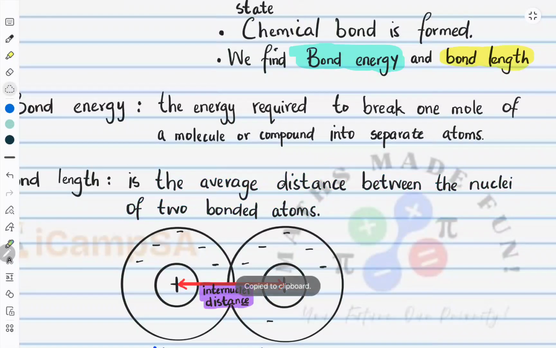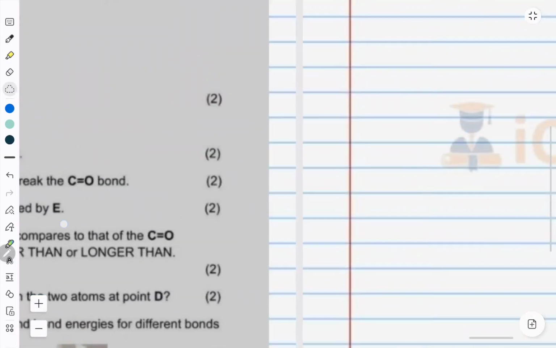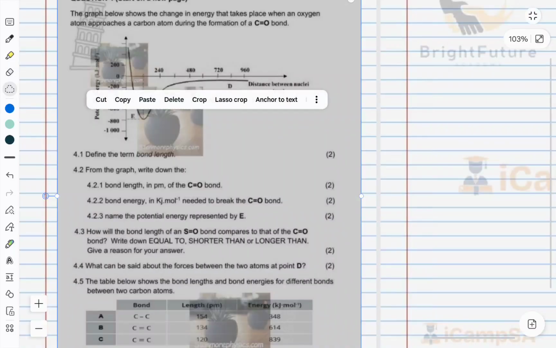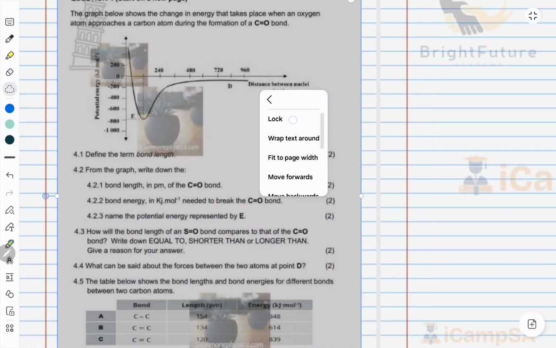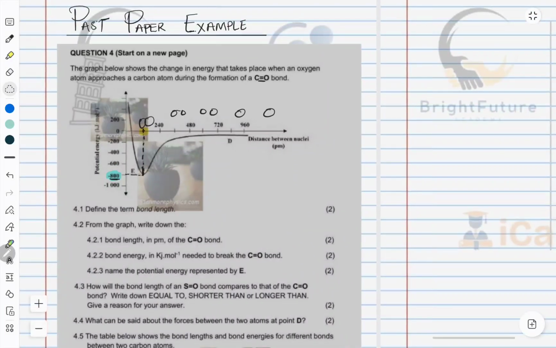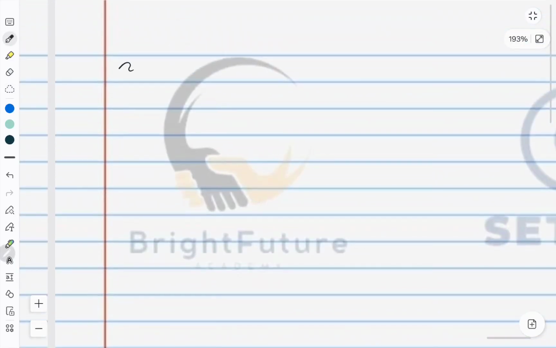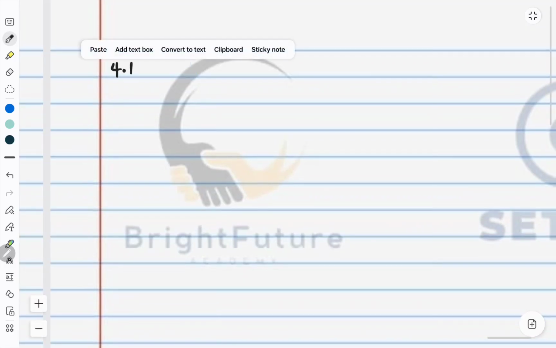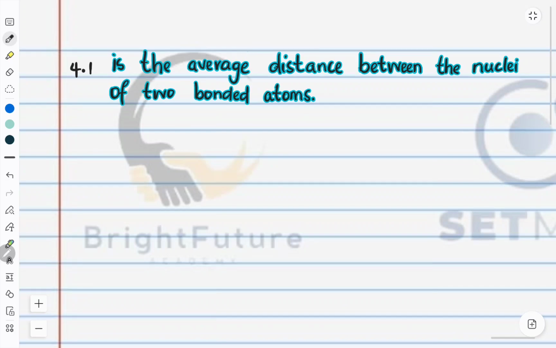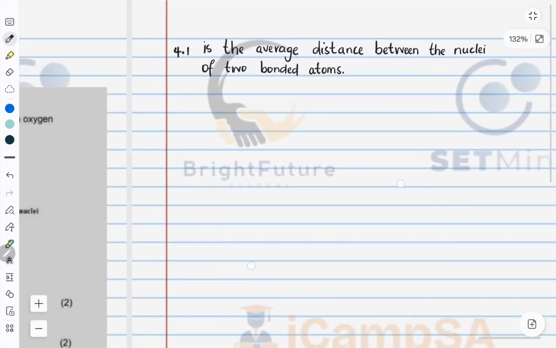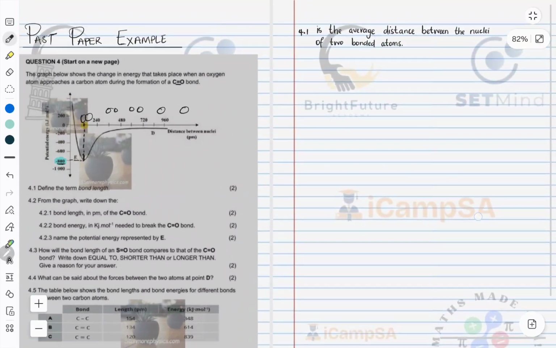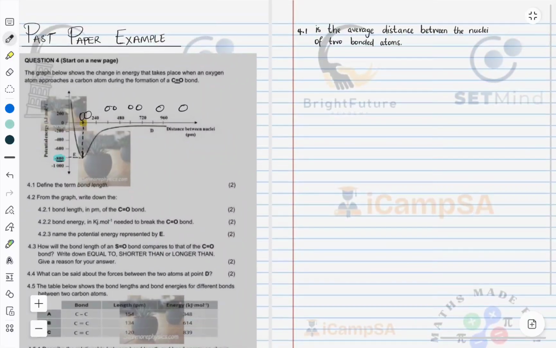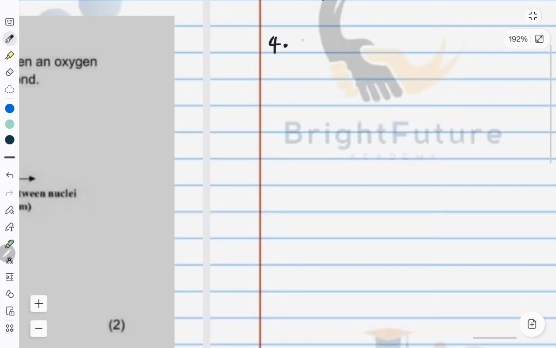So remember, what I always say is, before you go to your exam, make sure that you know all your definitions, whether you memorize them the day before or 2 days before, whichever works for you, because they count for about 13% of that 150 marks. All right, so that's our bond length. It's the average distance between the nuclei of two bonded atoms. Remember, we are talking about covalently bonded atoms here.